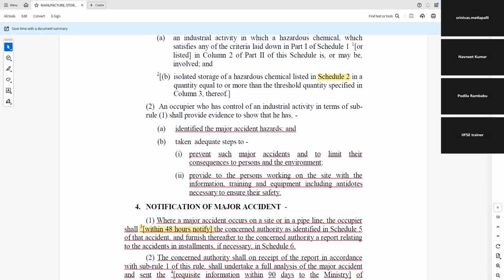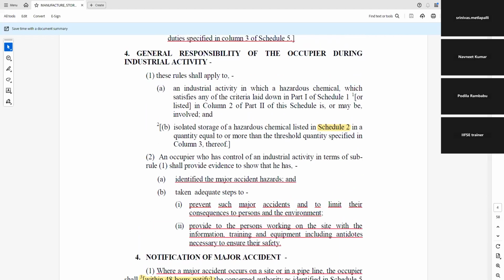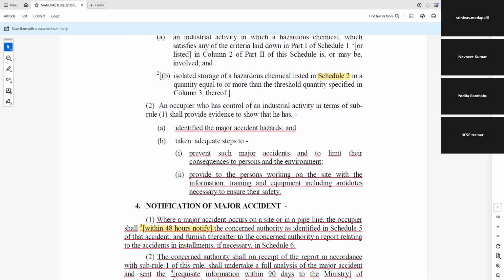So now, what does the occupier have to do? An occupier who has control of the industrial activity in terms of sub-rule 1 shall provide evidence to show that he has identified major accident hazards and taken adequate steps to prevent such major accidents and to limit their consequences to persons as well as the environment, and also provide the persons working on the site with the information, training and equipment, including antidotes, necessary to ensure their safety.